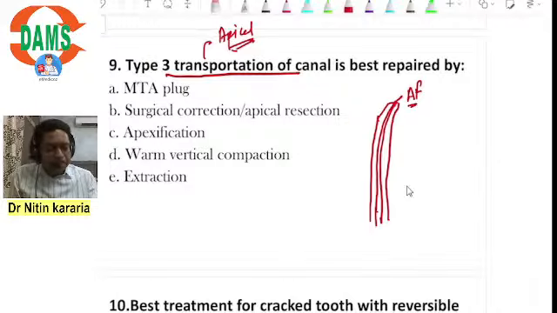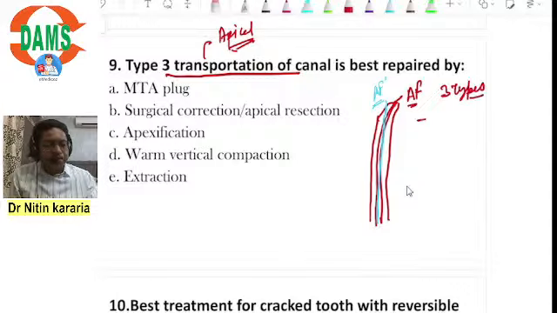Okay, if I am using a stiffer file, a straighter file would go like this and it would relocate the apical foramen over here. This is called transportation of the physiological apical foramen from its original position to an iatrogenically created position.